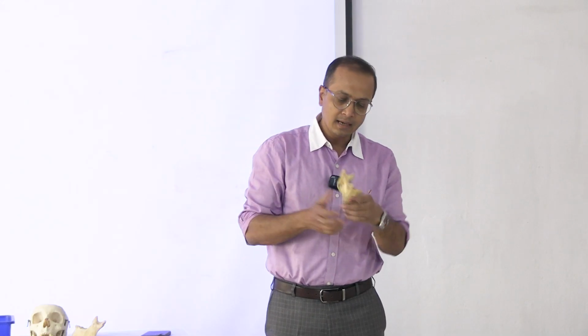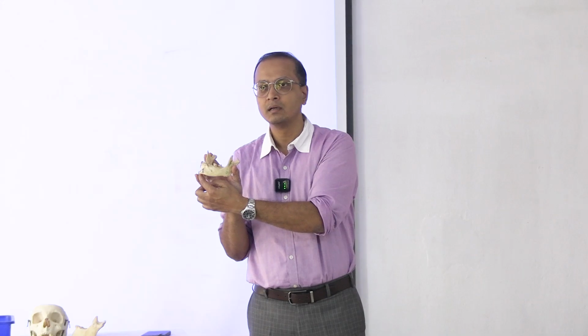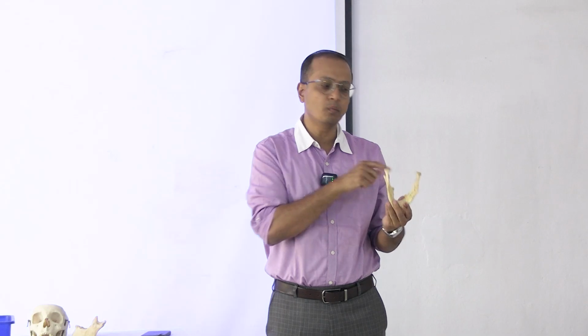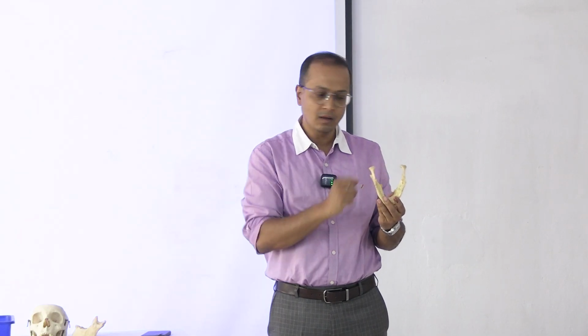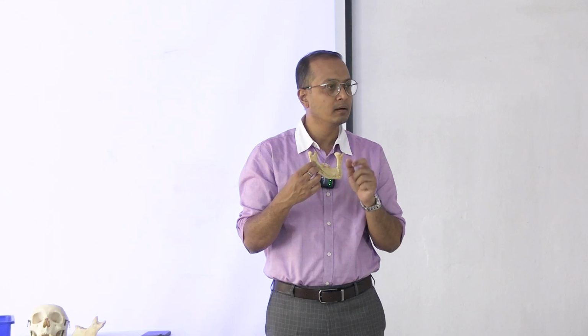Now, on the inner side, just like the outer side, we have a foramen. Likewise, on the inner side, where the ramus meets the body, we call it the angle of the mandible. On the inner side of the ramus, we find another foramen, right side and left side, which we call the mandibular foramen.